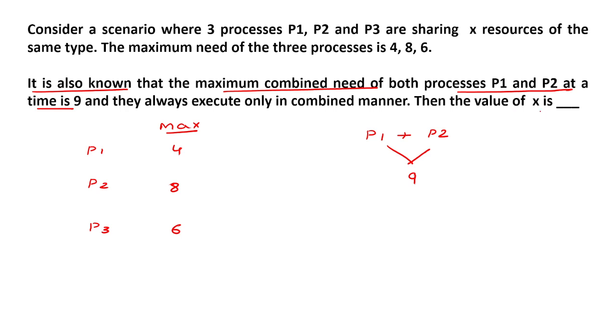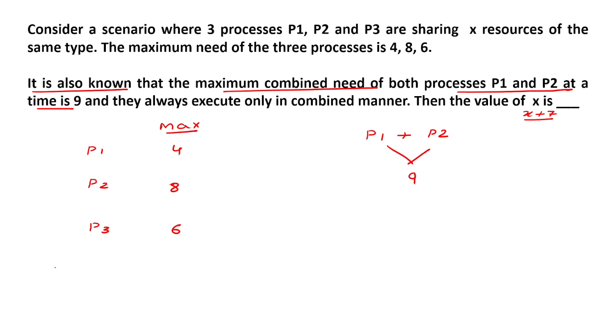Then the value of X is what? All these things are given, so we can easily simplify this. Sometimes they ask you to find the value of X plus 7, so we will discuss both situations.